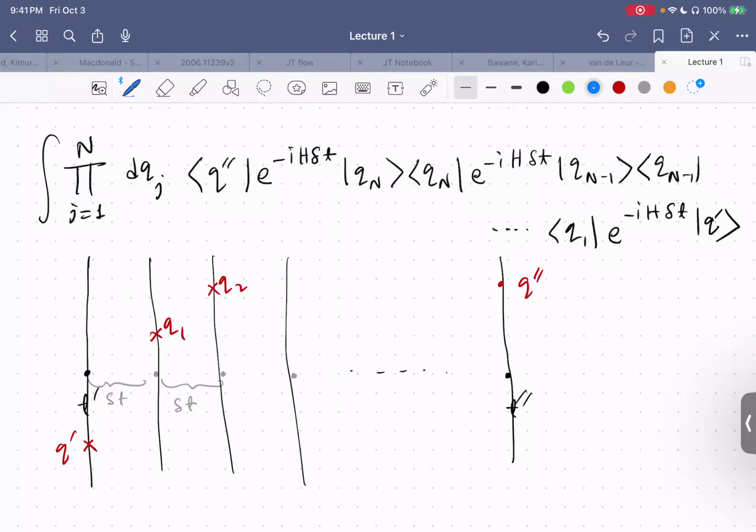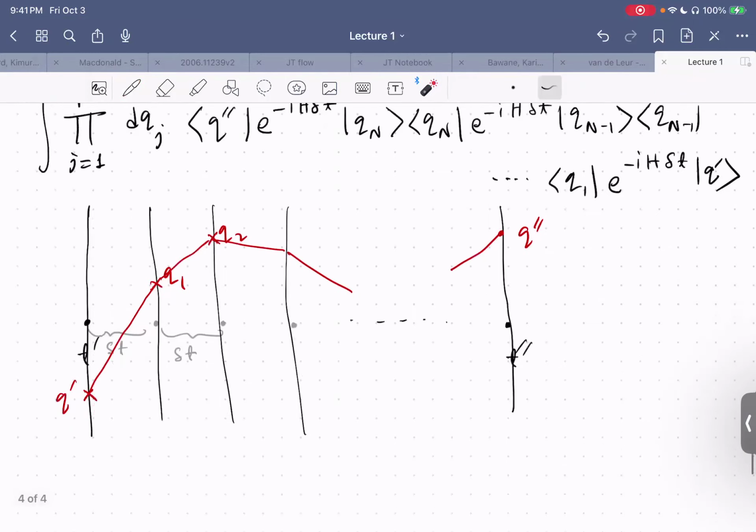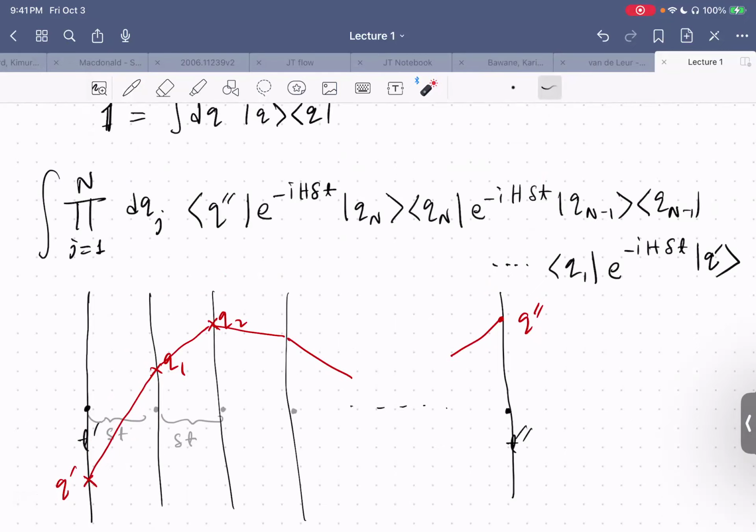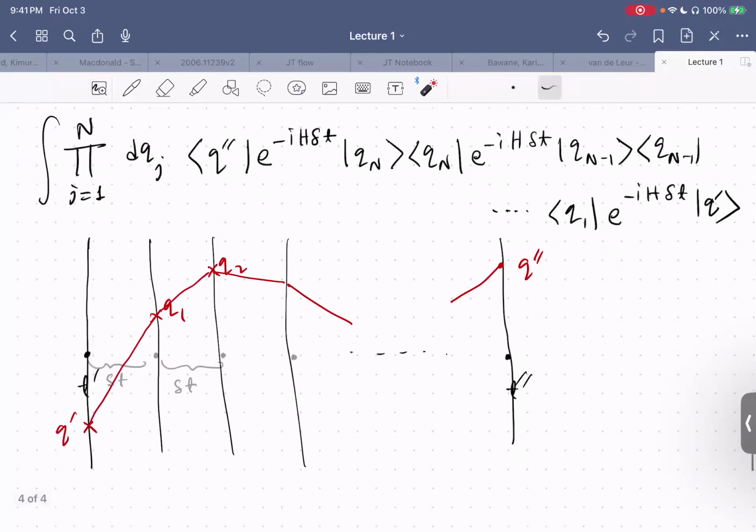So this gives you a trajectory. And this will keep going, but it will end up here. So this is for particular values of q1, q2, q3, dot, dot, dot, qn. But of course, we're integrating over all of these q values, right? So for different choices of these variables, the path will look different. It may look like something like this.